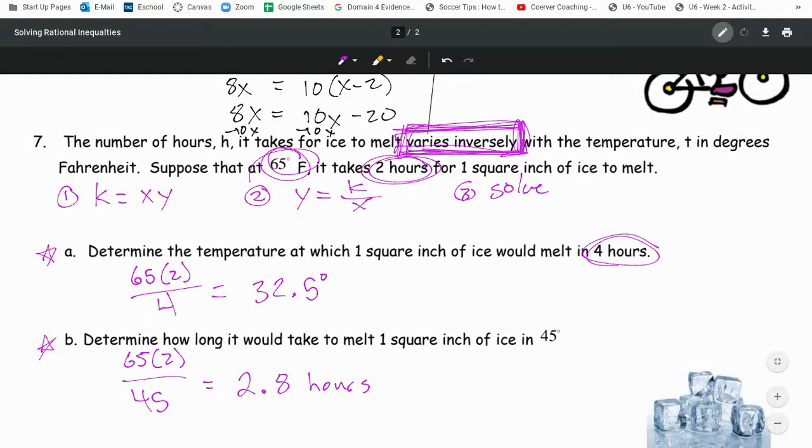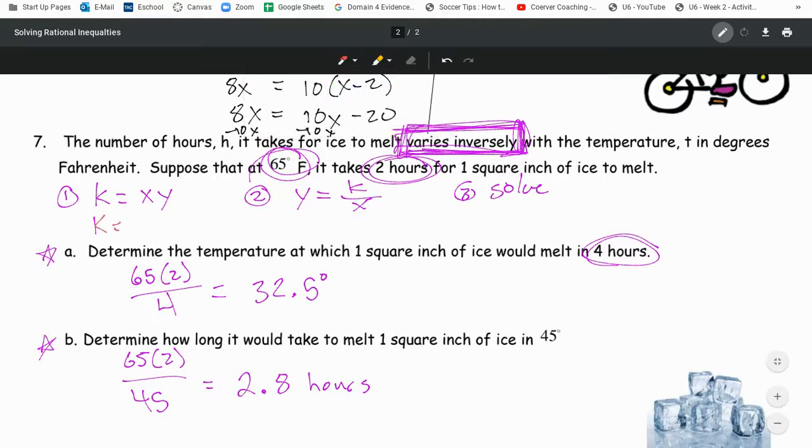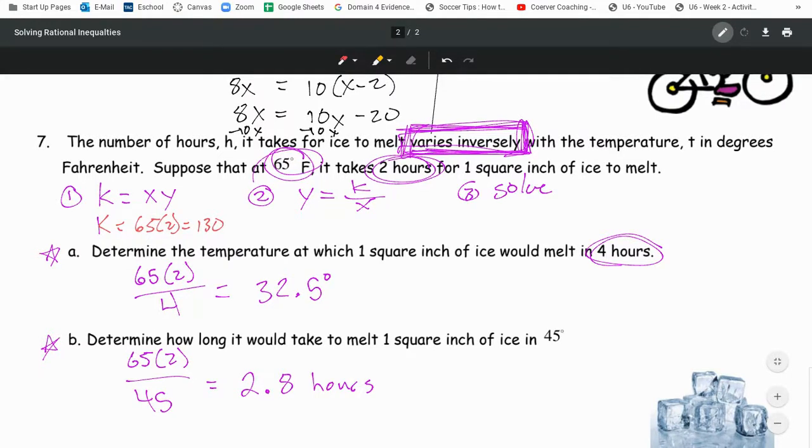So k is just our two numbers multiplied together. 65 times 2 is 130. Our equation would be y equals 130 over x. And then we would use this equation to solve A and B. Okay, and it's essentially the same thing. You take that number and you put it in the bottom for x. 130 divided by 4. 130 divided by 45. And it'll give you your answer.